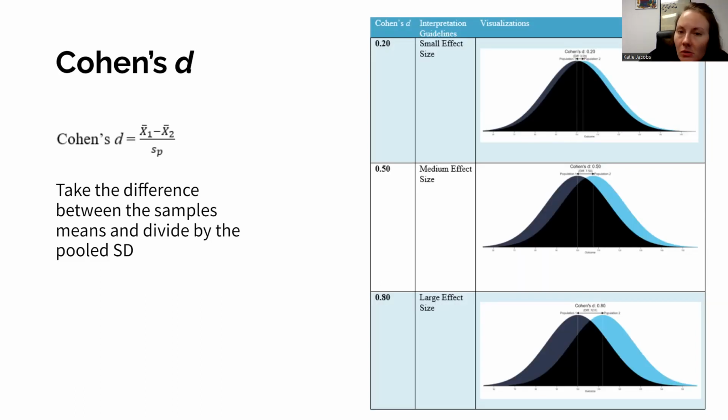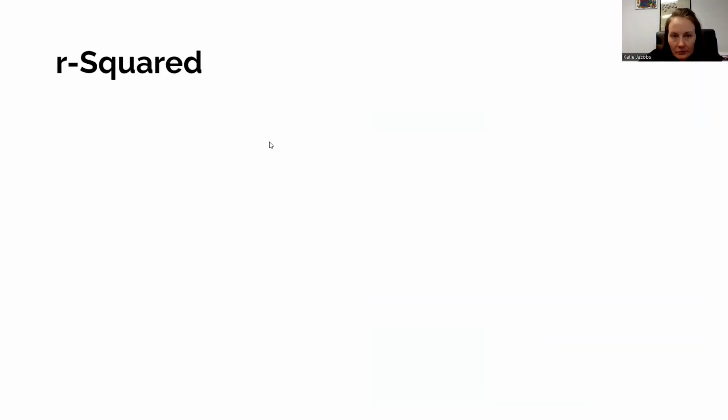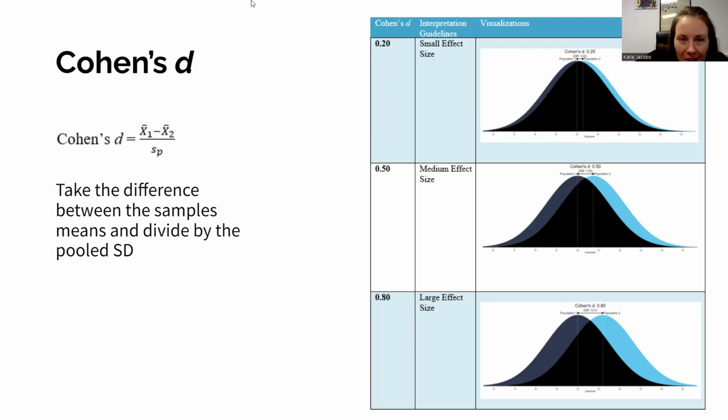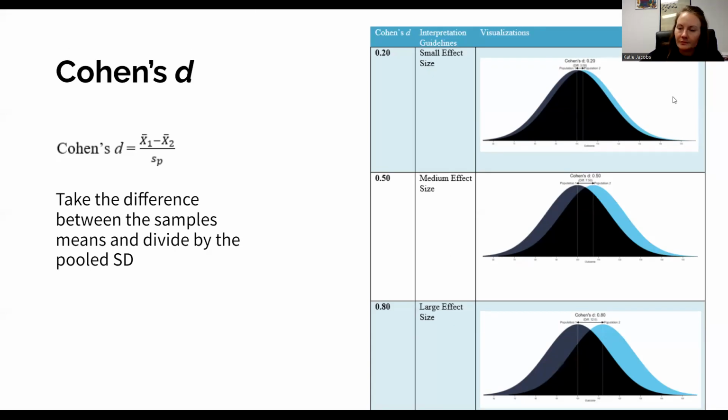If you see this really cool visual here, this gives us an idea. I'm using Zoom to record this video, and it's not letting me see everything that I need to see, so I'm going to pause this real quick. In this table, I give you the interpretation guidelines. When we have a Cohen's d of 0.20, that means it's a small effect size.